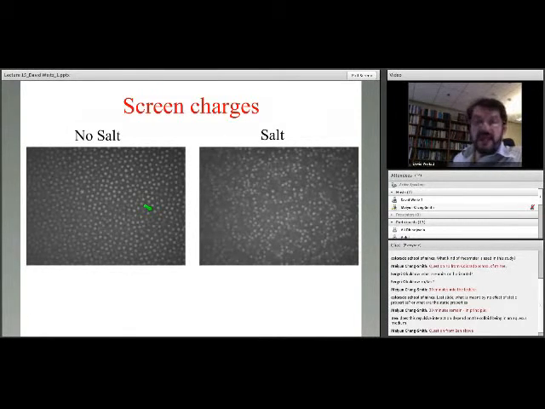Okay, to just go back to these slides, here on the left is a repulsive interaction with the particles well separated from each other.